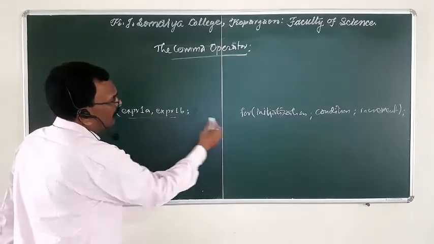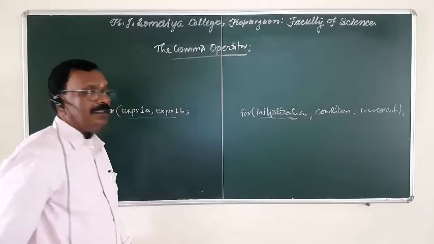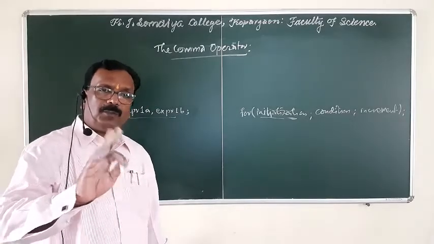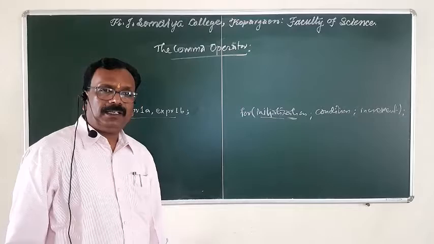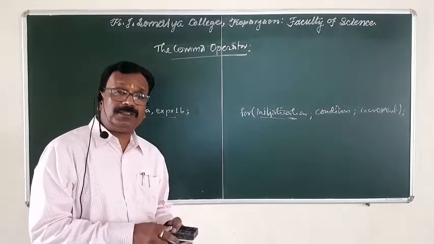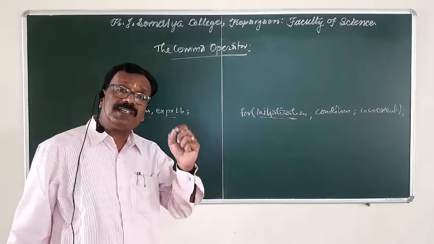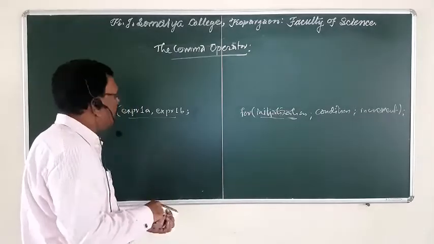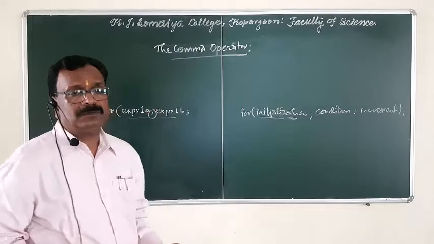This is the initialization. Here we can take one variable for initialization or more than one variable. But when we want to take more than one variable for initialization, at that time we must use the comma operator.